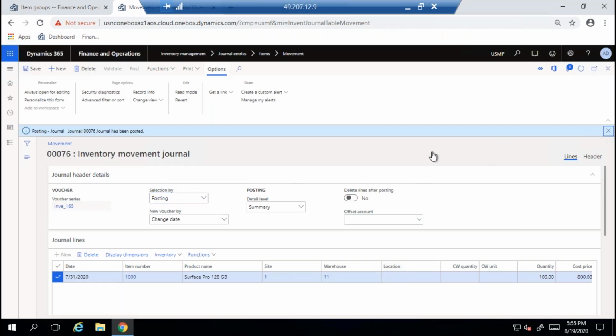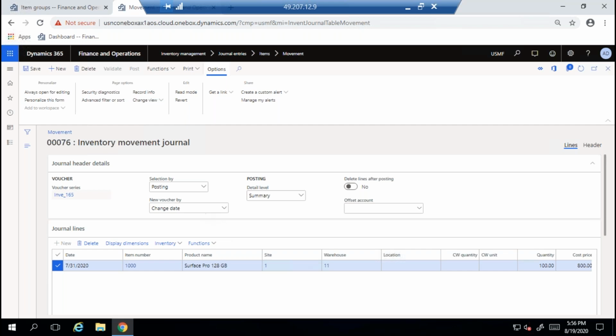Okay, opening stock is updated. Even though the naming convention is movement journal, as I told you, it is the opening stock entry. Some people will argue, can I use this in the middle? You can use it. The purpose of the given journal is for opening stock, but you can use it in the middle.